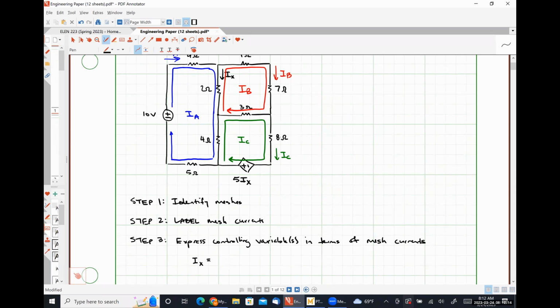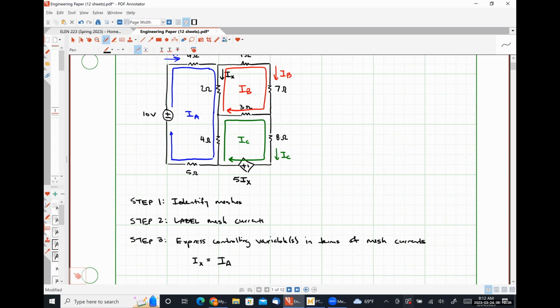So which one's flowing in the same direction, A or B? A. Right, so as A flows around its clockwise path, when it's going through the 2 ohm resistor, it's flowing down, which is in the same direction that is indicated for IX, right? So IA will get the positive sign.